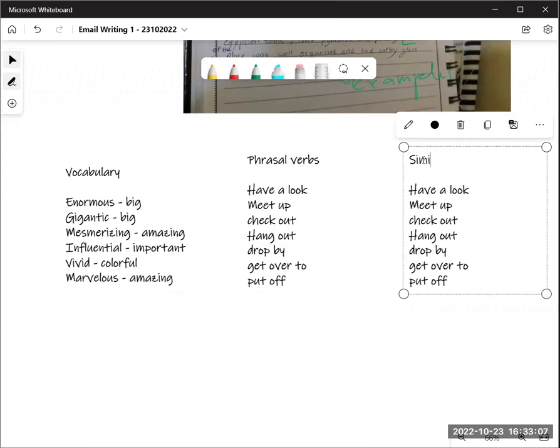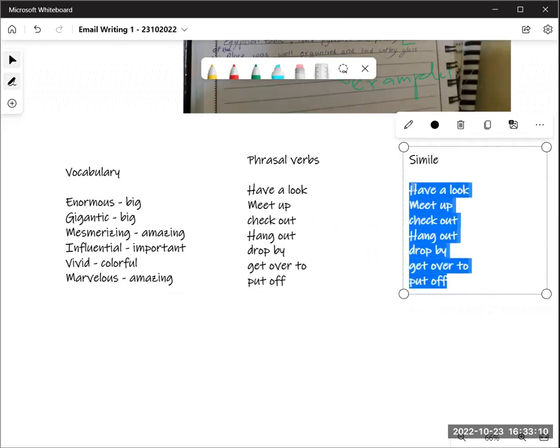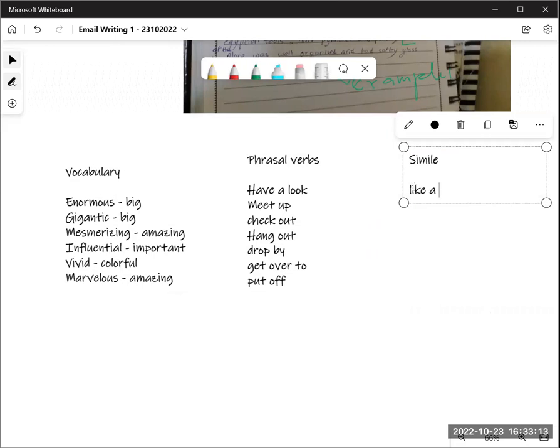Finally, simile. Like, let's say, like a pyramid. What you can use in this writing is like a palace in a desert, like an ancient market.